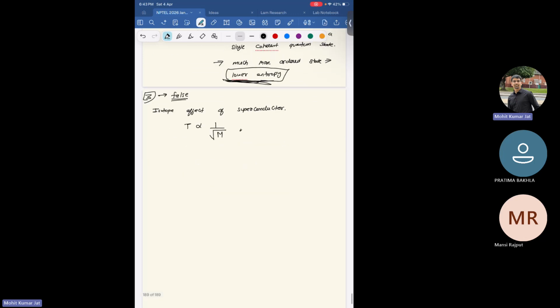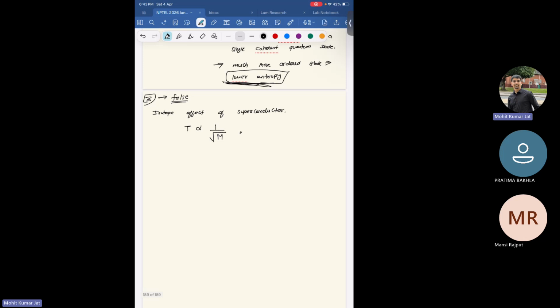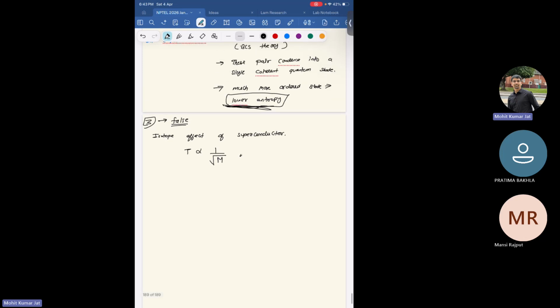So this is about the isotope effect. Isotope means, let's say a material X has two isotopes, X1 and X2. Both can be superconductors, but the critical temperature will be inversely proportional to the mass M1 and mass M2.